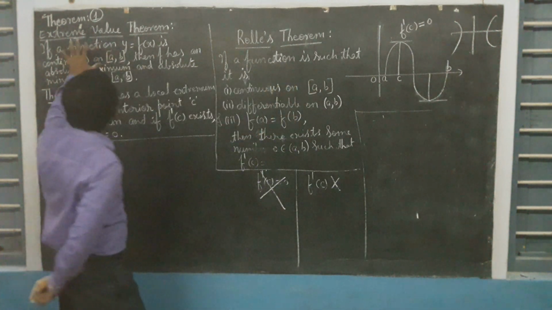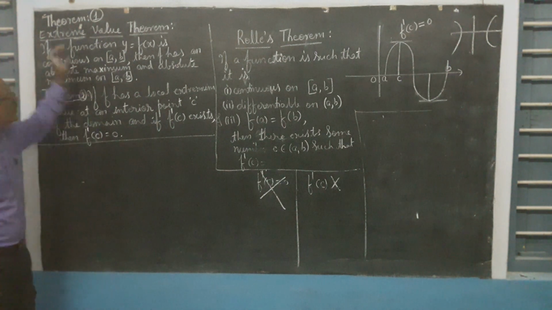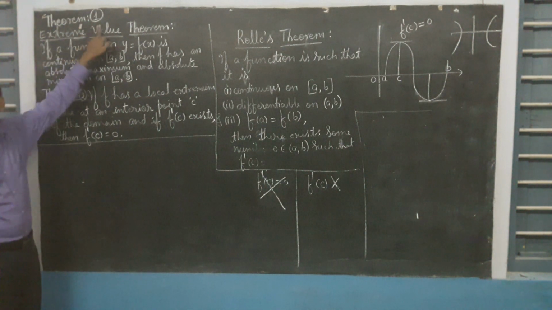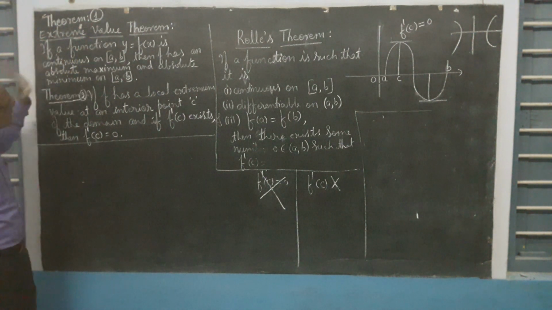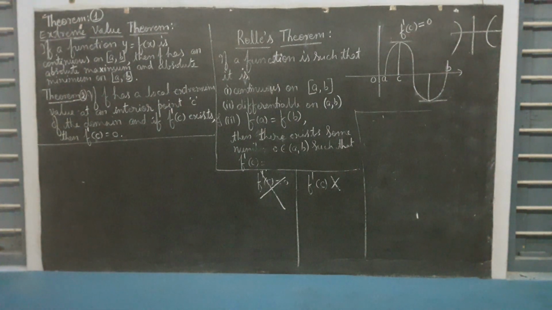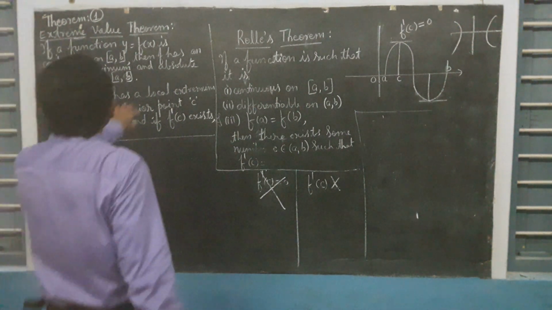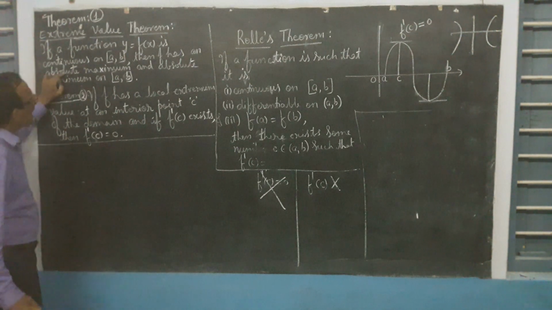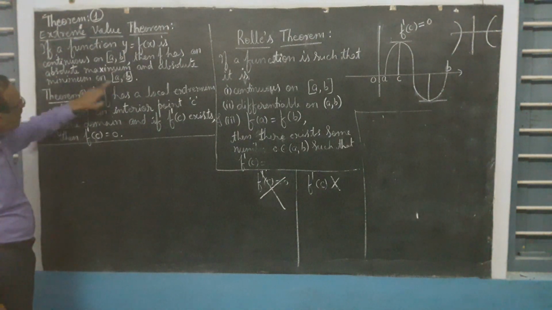Please look at these two theorems here. The first one is called the extreme value theorem, Theorem 1. Read that. If a function y equal to f of x is continuous on the closed interval ab, then f has an absolute maximum and an absolute minimum on the interval ab.